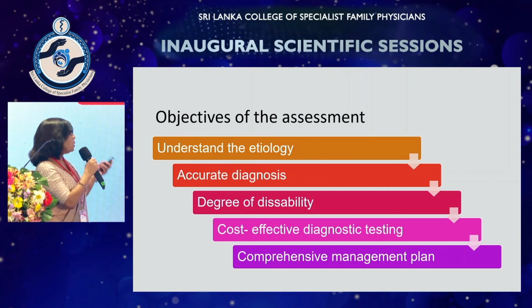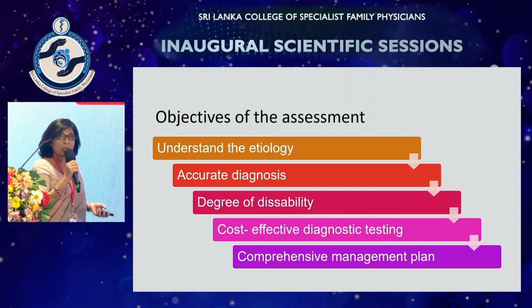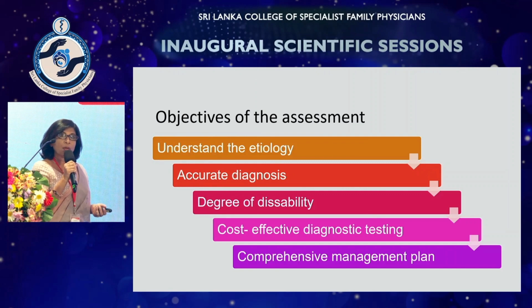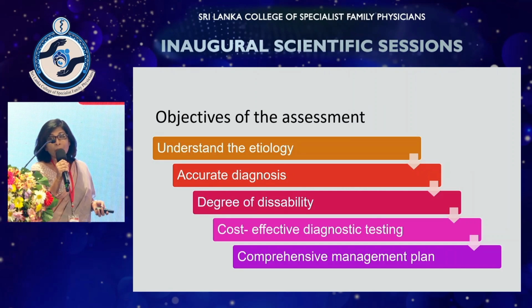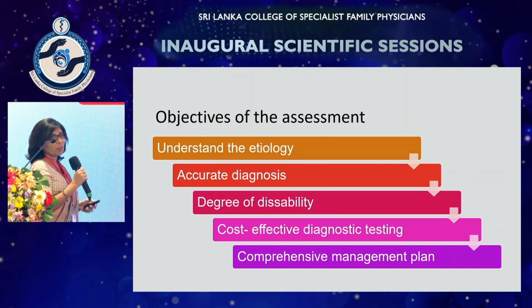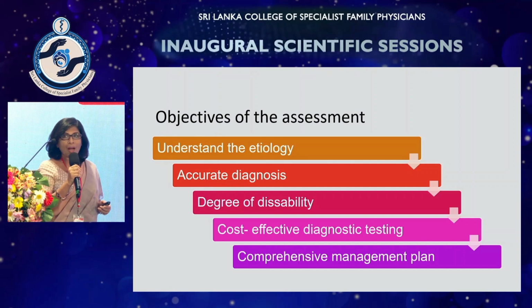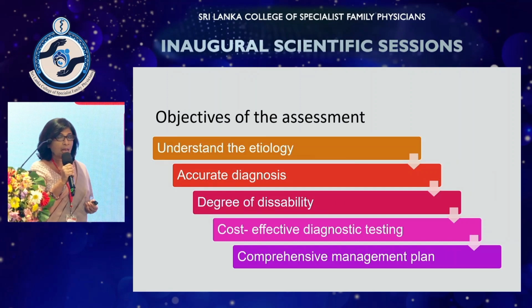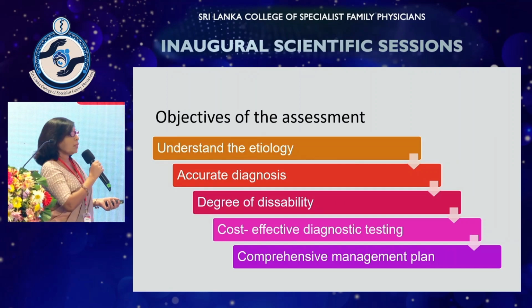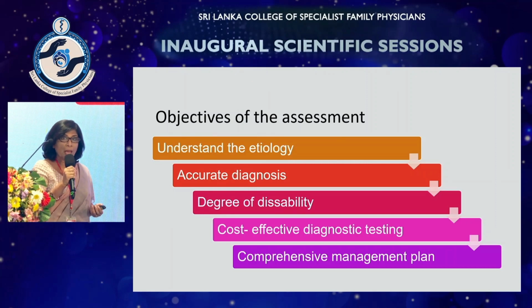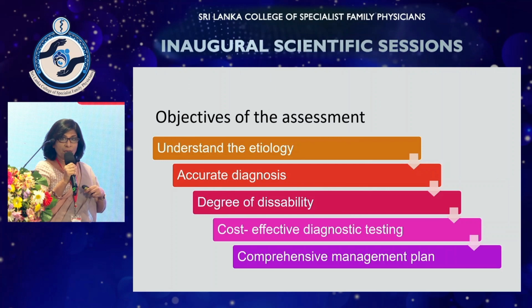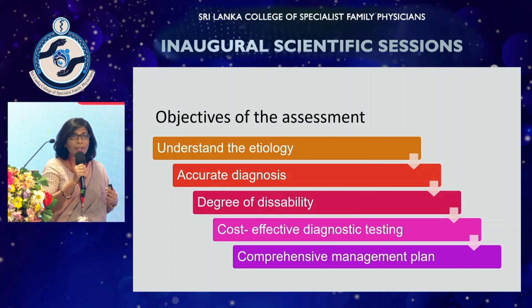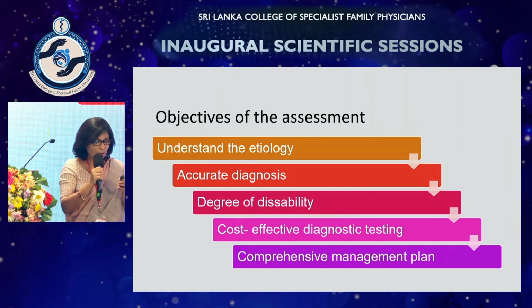So one objective is to understand the etiology, and we have to choose the best diagnostic tools or the investigations available. And then a comprehensive management plan. These people are debilitated, and they have disability with the swelling, and we know about family matters and everything, so we need a very comprehensive management plan for these patients.